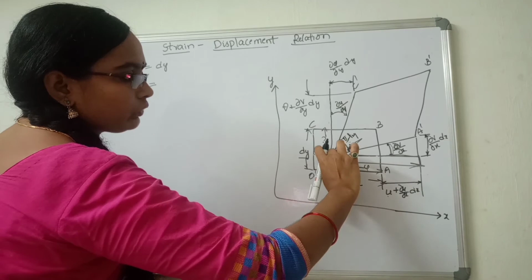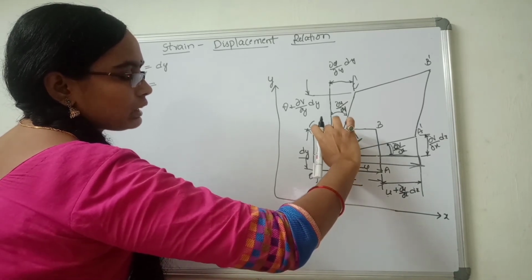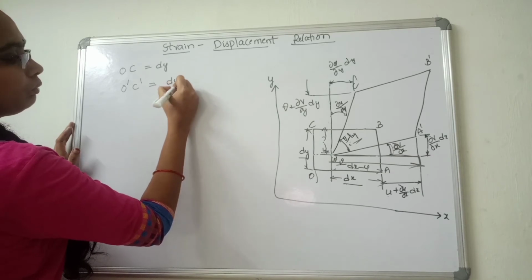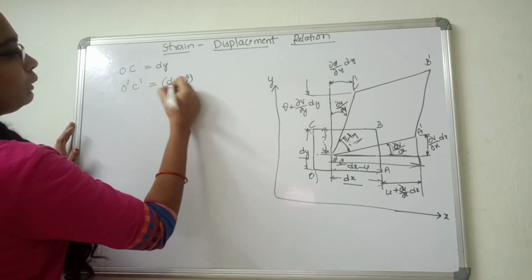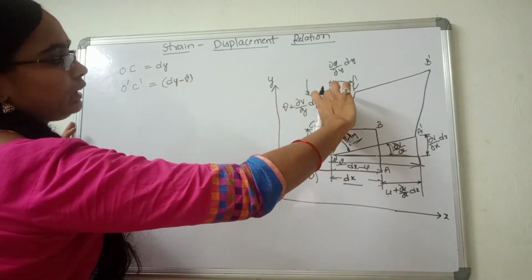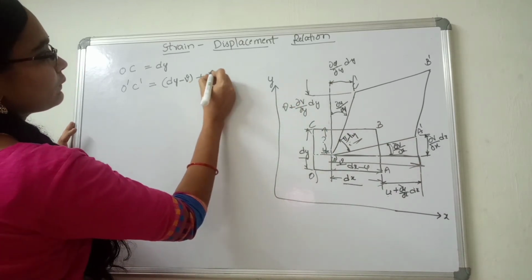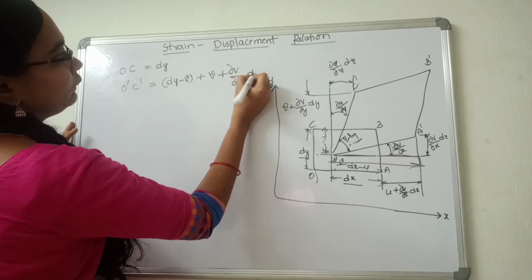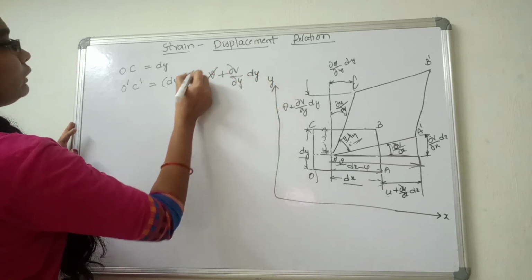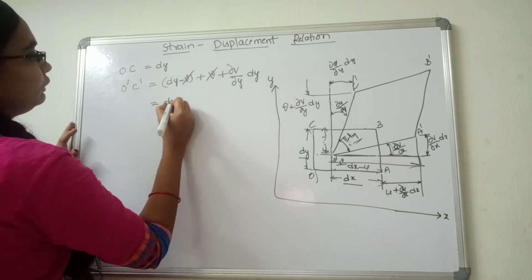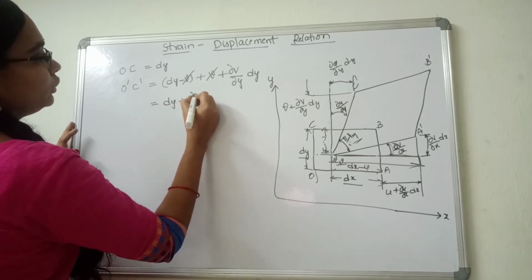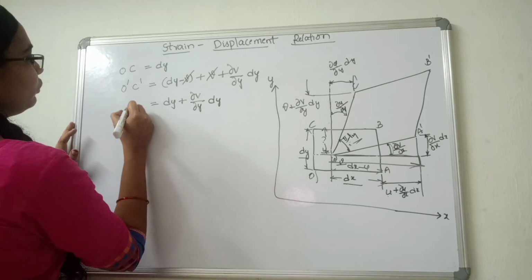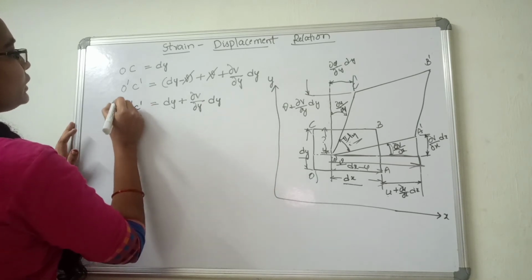In that you have to separate b, which gives this a part. So dy minus b, plus this length is b plus dou v by dou y dy. Just you have to cancel it. dy plus dou v by dou y dy. So this is the change in length.